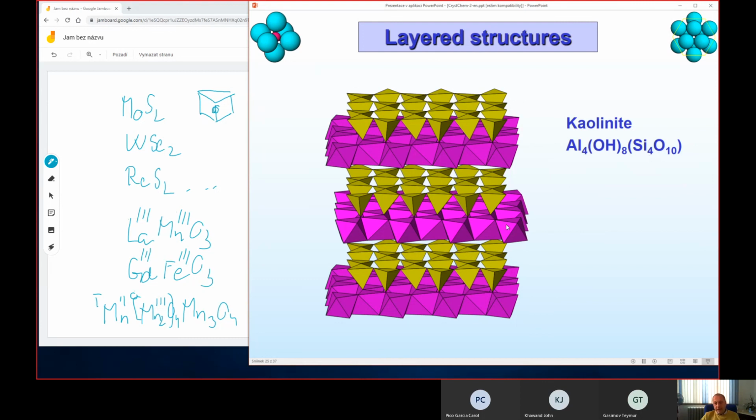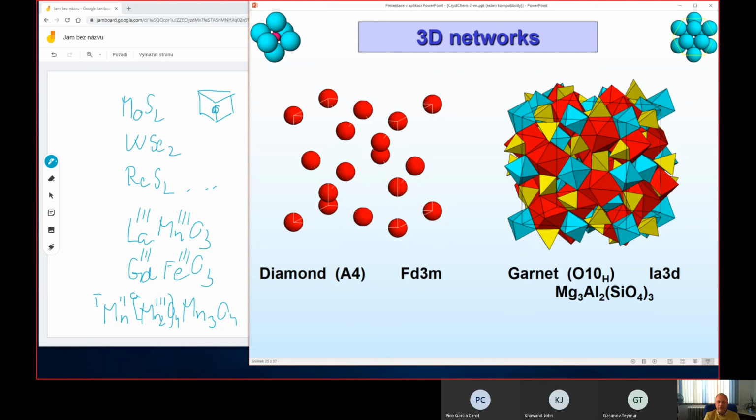And these layers are similar to cadmium iodide or cadmium chloride, and they contain aluminium occupied by hydroxide groups. So these blocks of hexagonal octahedrally coordinated aluminium and tetrahedrally coordinated silicon are stacked along one crystallographic direction.